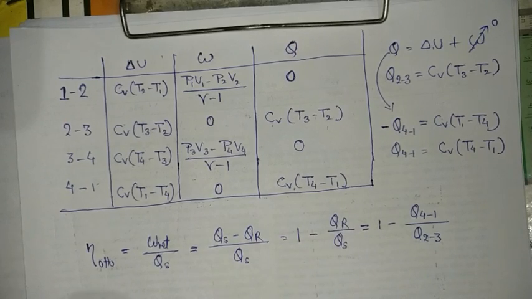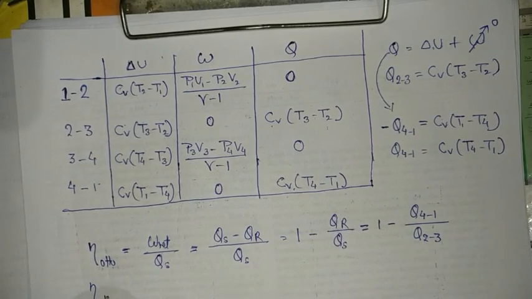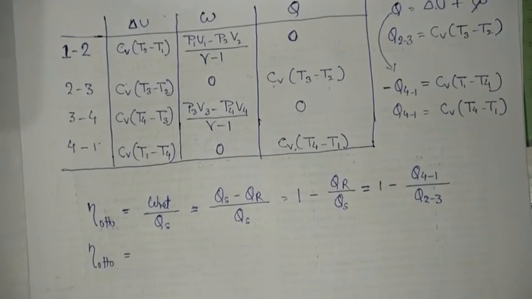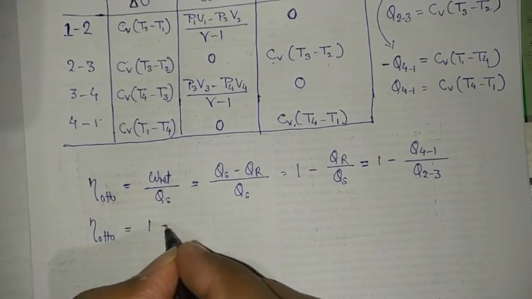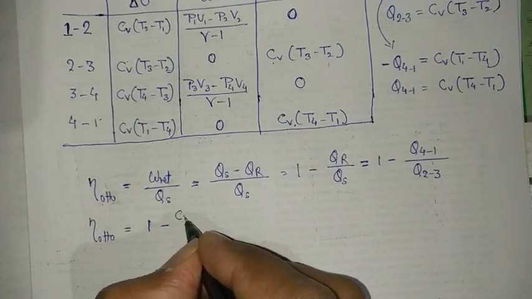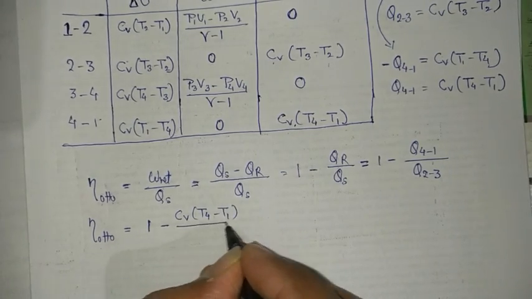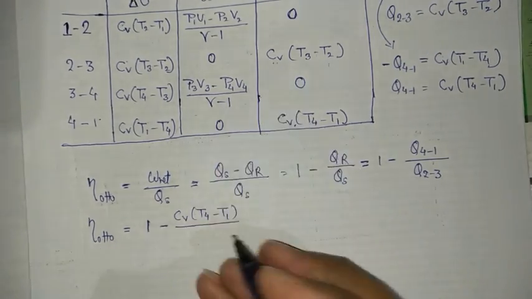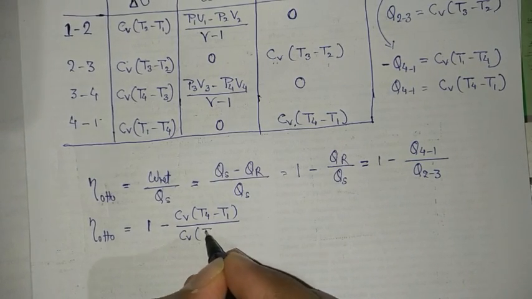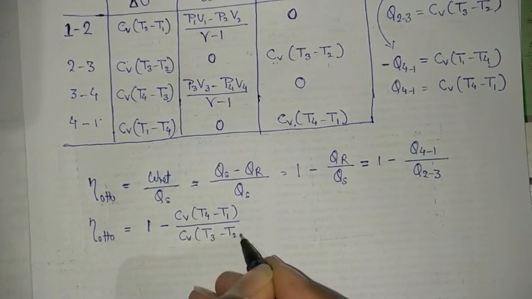We can put them in this equation, then the efficiency of the Otto cycle will be 1 minus Cv (T4 minus T1) over Cv (T3 minus T2).